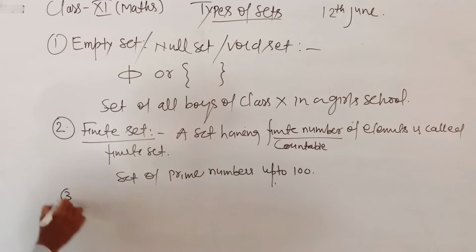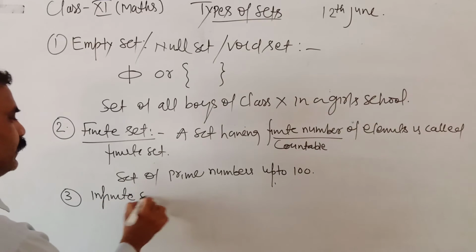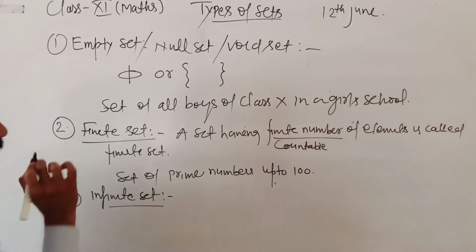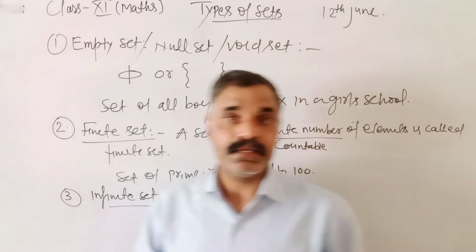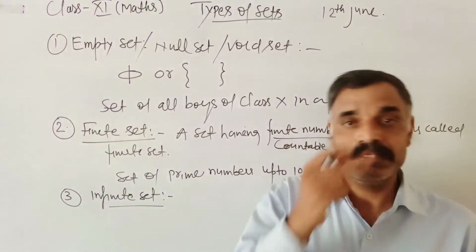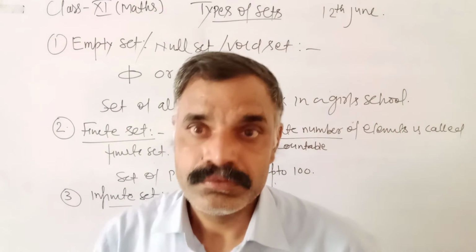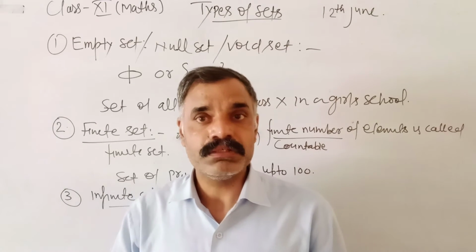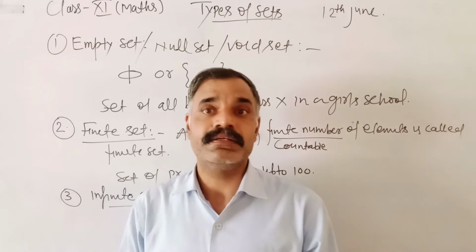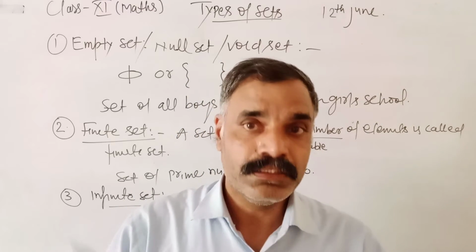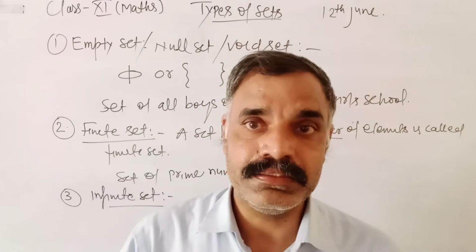Next type of set is the infinite set. As the name is indicating, infinite means a set having an uncountable number of elements, or an infinite number of elements, is called an infinite set.